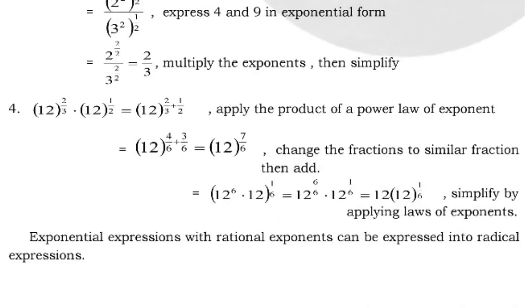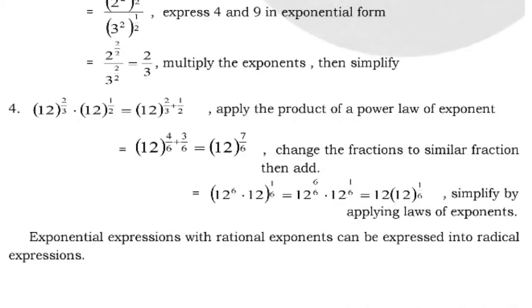Number 4, 12 raised to the power of 2/3 times 12 raised to the power of 1 half. Applying product of powers, we copy the base 12, then add the exponents, 2/3 plus 1 half. Since the exponents are dissimilar fractions, first we make them similar.